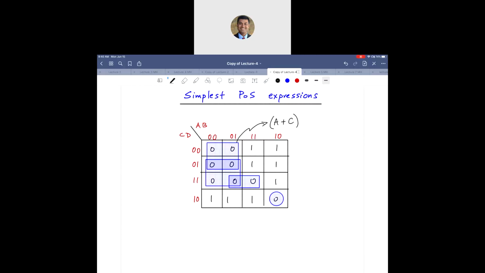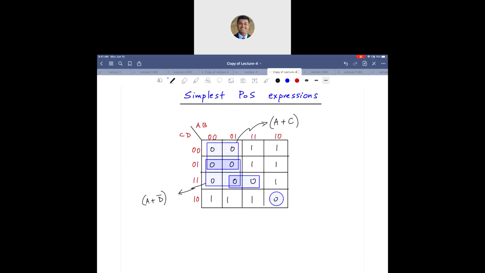So the sum term is going to be A or C. Next, for the second group of 4 zeros, A is 0, B changes, C changes, D is 1. So you write D complement. Similar to the differences between min terms and max terms.